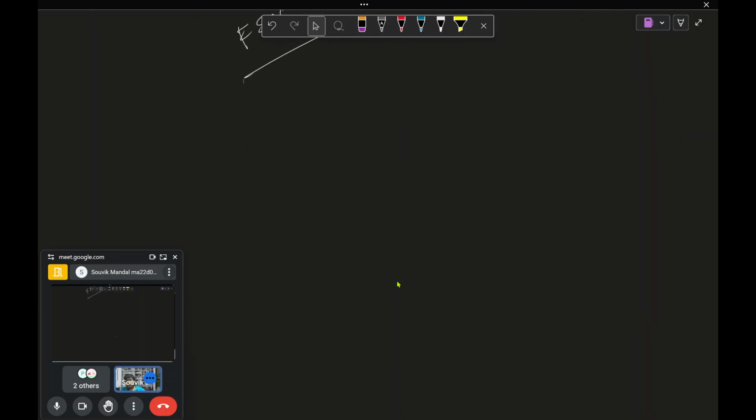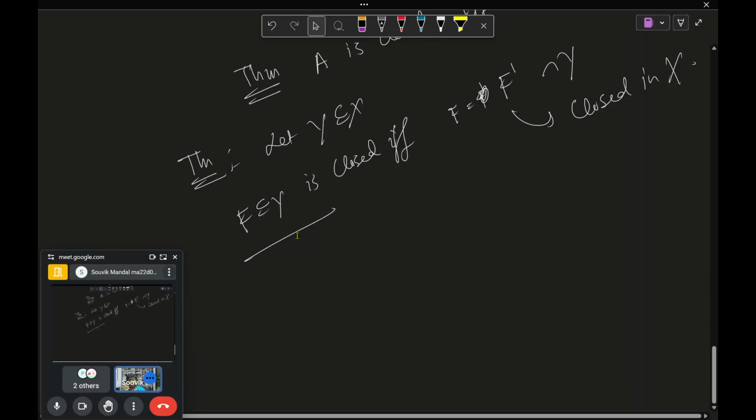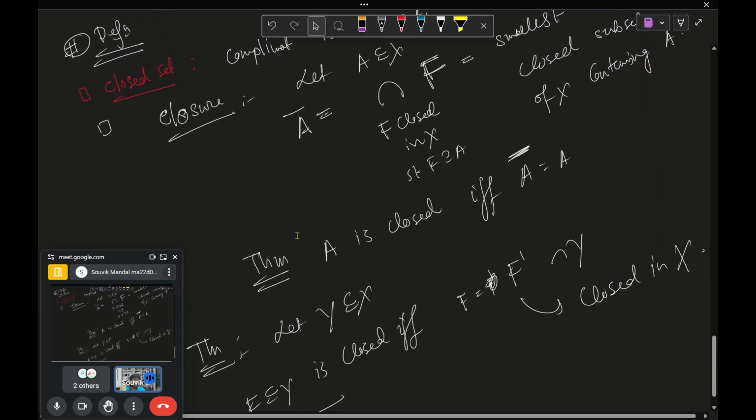Look, the closures are defined, and in a similar way the interiors are defined.